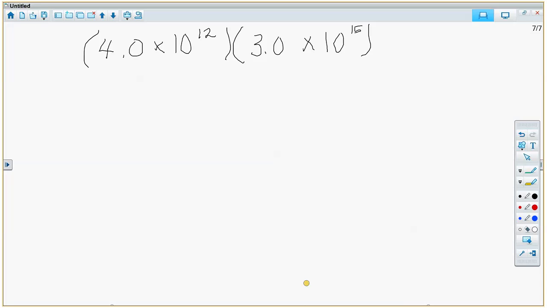I'll give y'all a hint. 4 times 3 is 12, so you don't have to use your calculator.